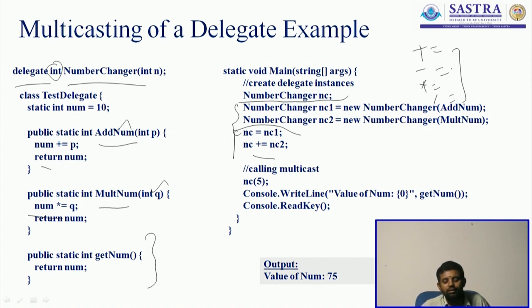How come this 75? We may have a serious question. We'll try to trace how it is happening. See, nc plus equal to nc2: if you have done that, you are trying to perform an addition operation first, and then you want to perform a multiplication operation also.